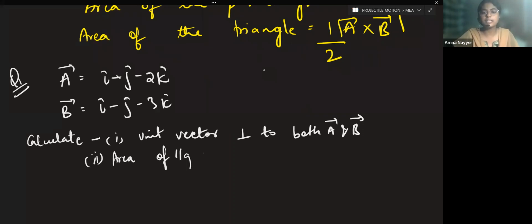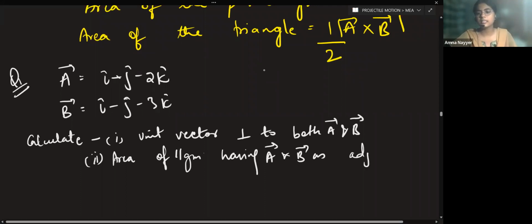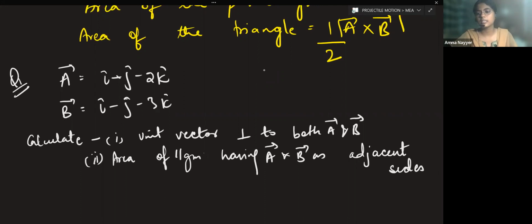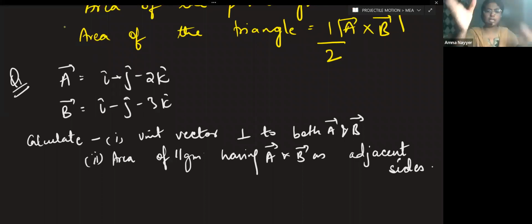Last class, no, we had seen, having A and B as adjacent sides, right? Now we had seen we have to form a determinant, the complete determinant system to solve it.